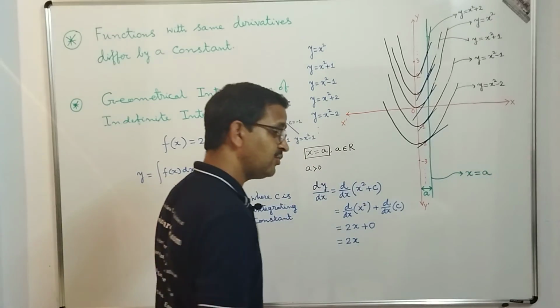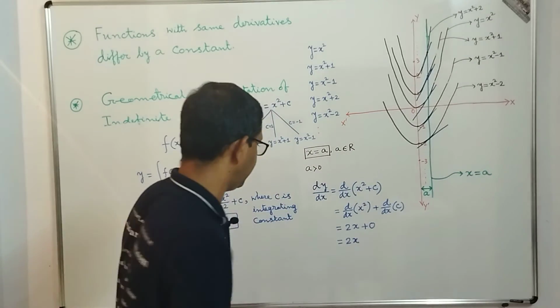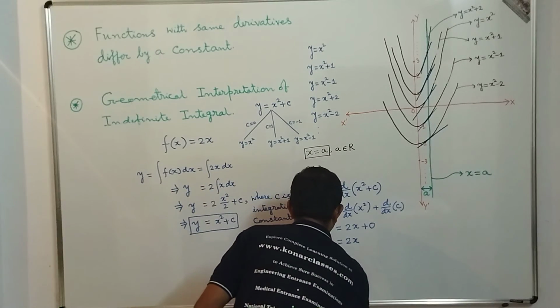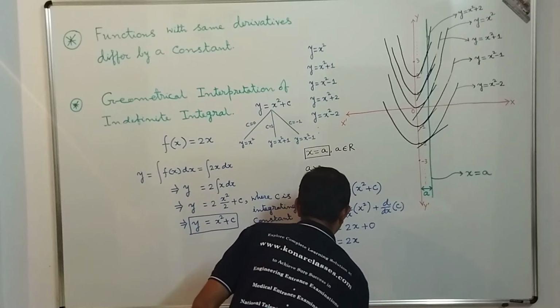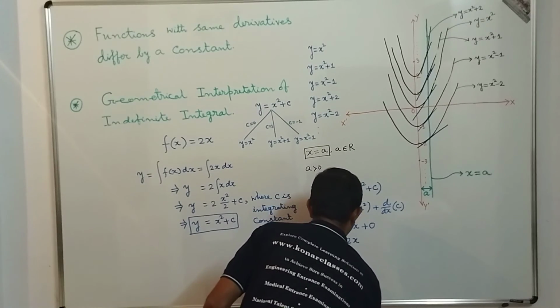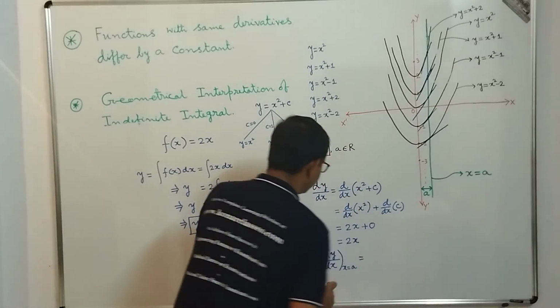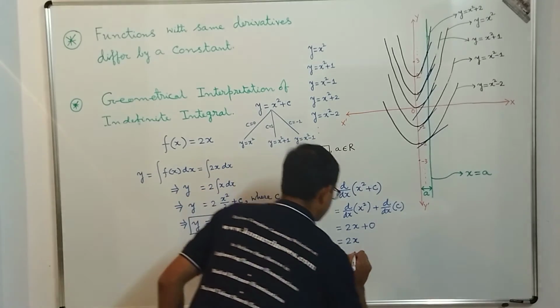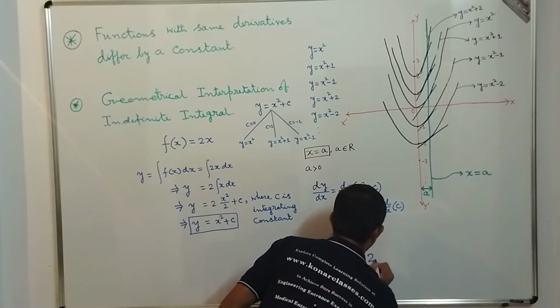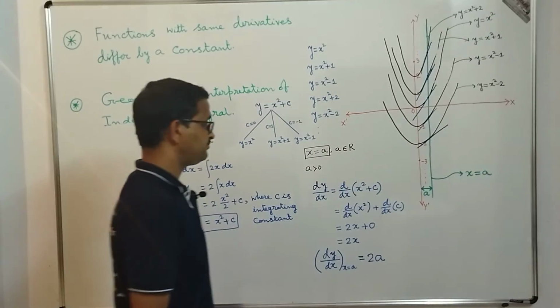Now what is the value of dy/dx at x equal to a? We nothing but apply the value x equal to a in this expression 2x. So we are going to get 2a.